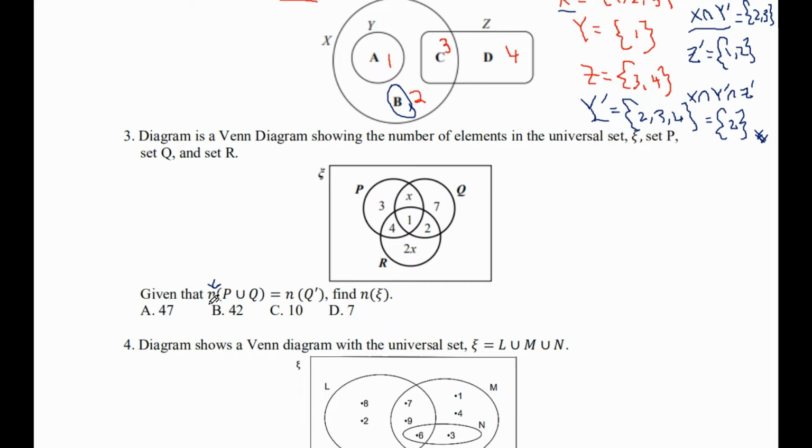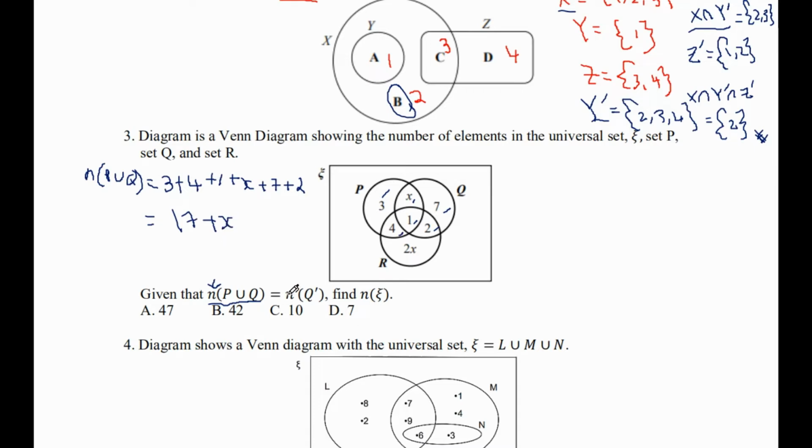So we start from P union Q. P is here, combined with Q. So the number of elements of P union Q equals 3 plus 4 plus 1 plus 8 plus 7 plus 2. This equals 17 plus 8.